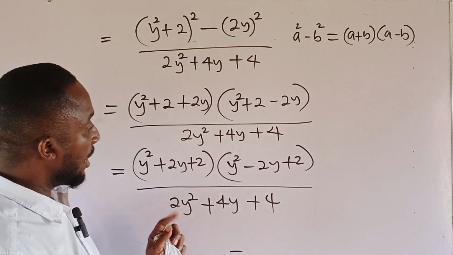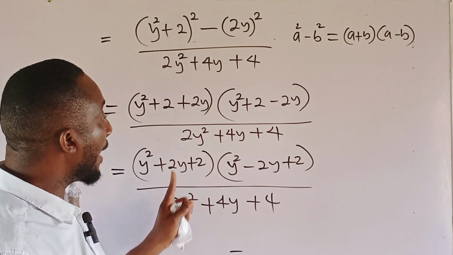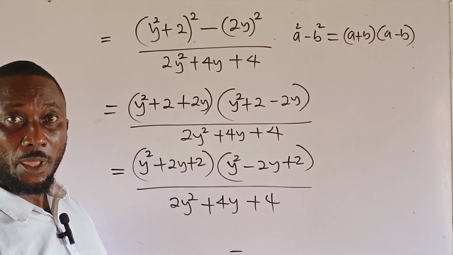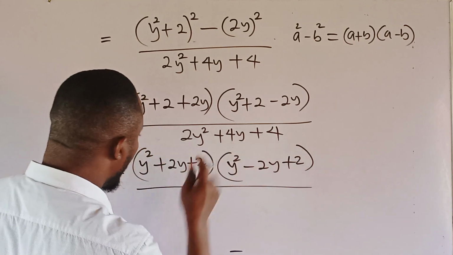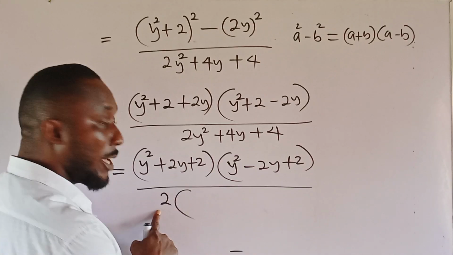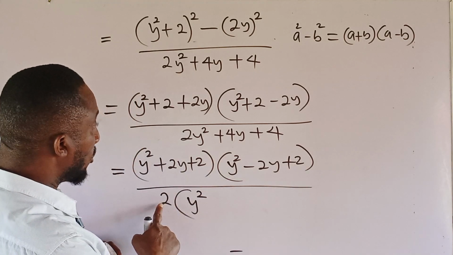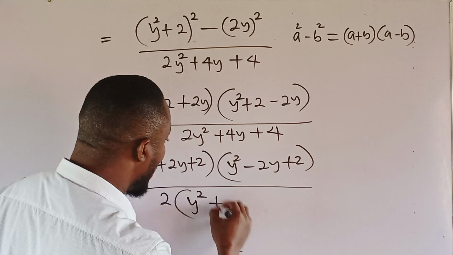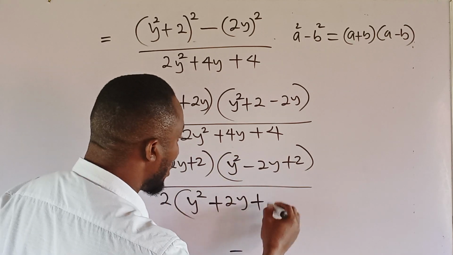Now, instead of writing 2y squared plus 4y plus 4, I can actually factorize. If I factor out 2, using 2 to divide 2y squared leaves y squared, dividing 4y gives me 2y, and dividing 4 gives me 2.